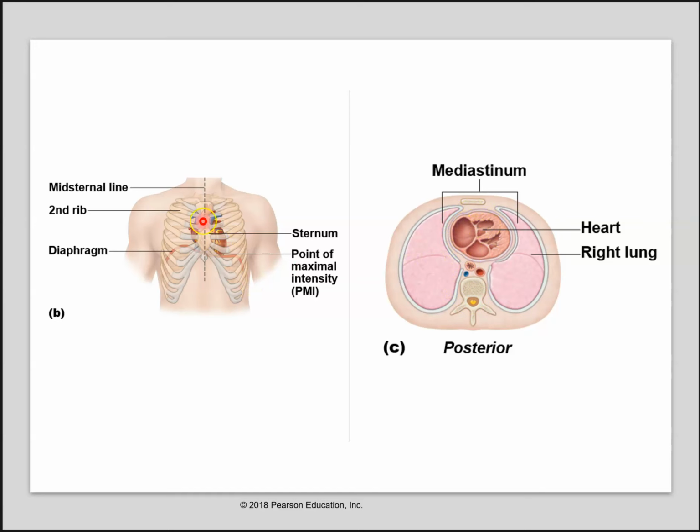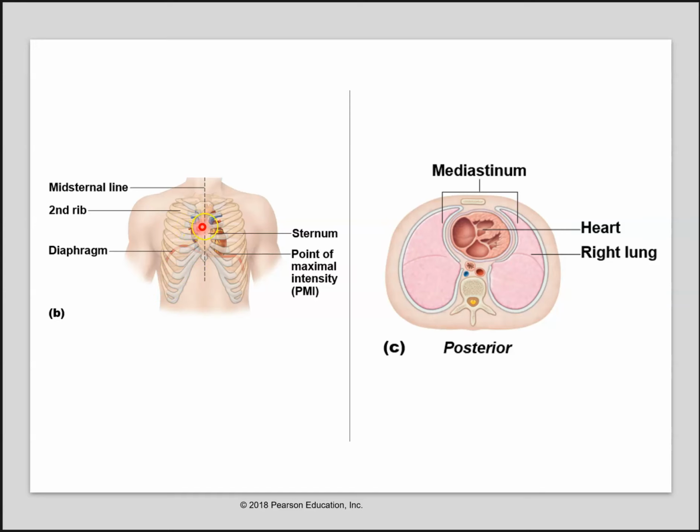And the heart has blood vessels that carry blood to the heart and away from the heart, which we call veins and arteries. We'll look at those blood vessels in a lot more detail in just a minute. Now, the heart has a base, which is located at the third costal cartilage.